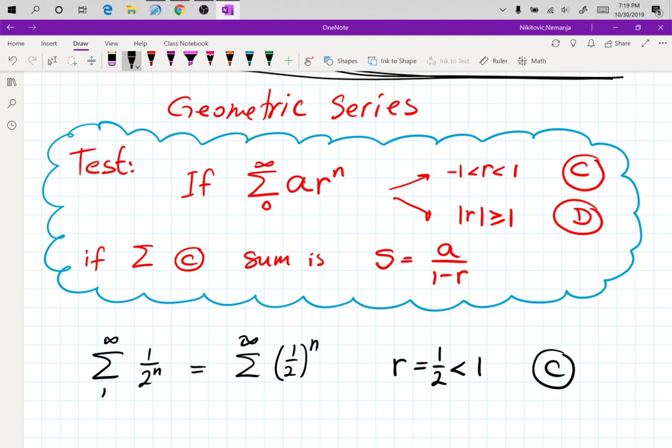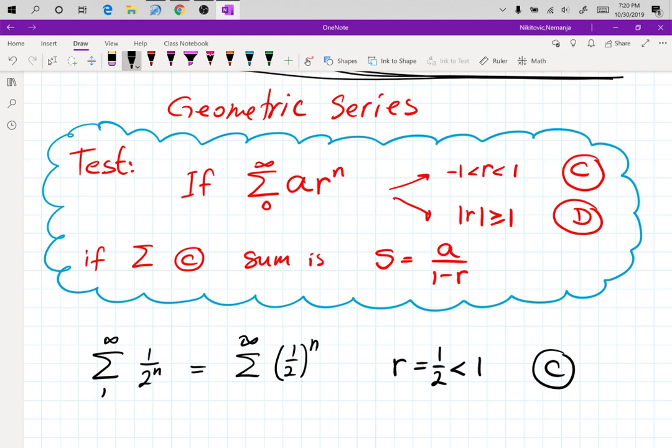Welcome to series. If you don't have this memorized, you don't get to solve the problem. This is what it took, algebraic manipulation, to put the n up there and say r is 1/2, and I memorize that r between these two numbers is convergence, I'm done. No calculations, no integrals, no derivatives, nothing. Just look at the problem, write convergence, and you're done.